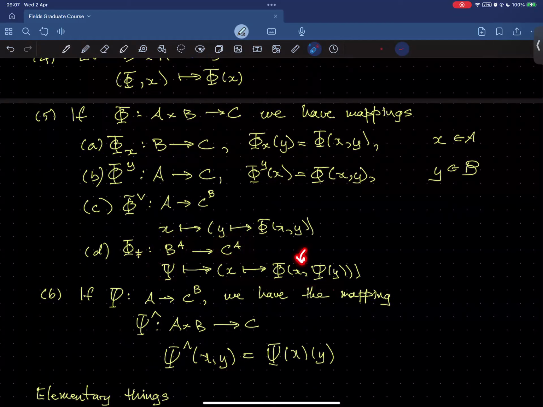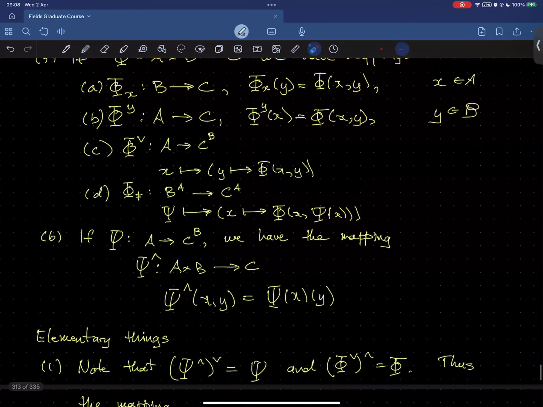So you see it just fixes the value of x, which slides into the first variable of phi. And then the second variable, which I would call y, is obtained by putting in the value of psi at x. So again, just some mapping.